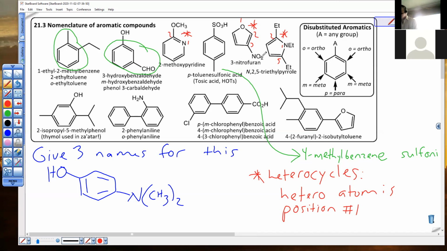Nitro, and please learn this now. This group here, NO2, is a very common group that we're going to use extensively on this next test and forever from now on. The nitro group is a popular group found in a lot of pharmaceuticals. So we should know that it looks like that in its shortest form.